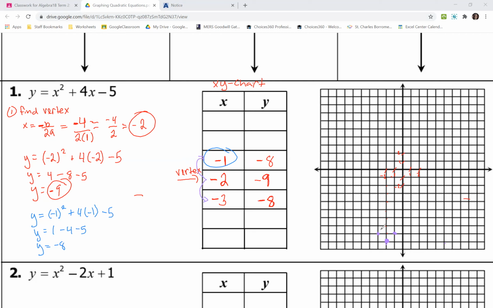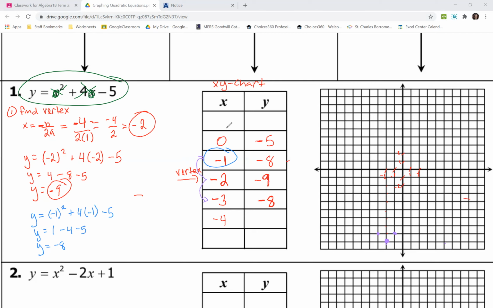Okay, so let's do a couple more. Let's do 0, and I'll do negative 4. Now 0 is really easy to plug in, right? So all you're going to have is 0 squared is 0, plus 4 times 0 is 0. So those all go away. So all you have is y equals negative 5. Okay. Now, like I said, I picked these points so they're just one additional step away.